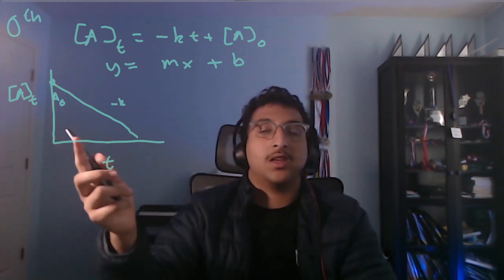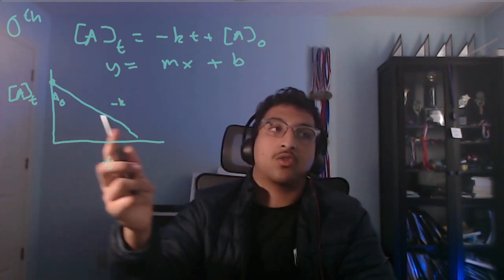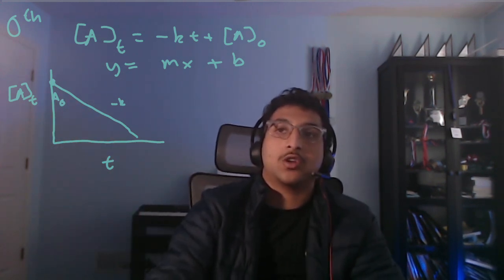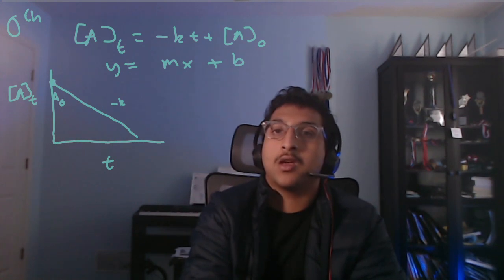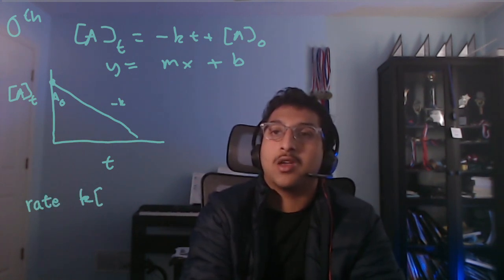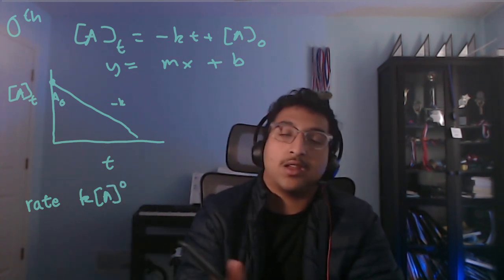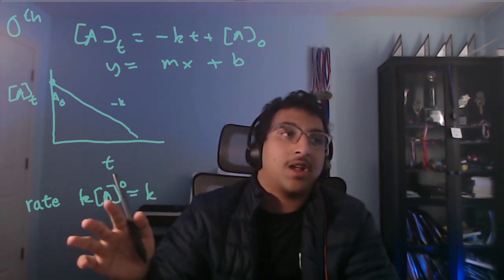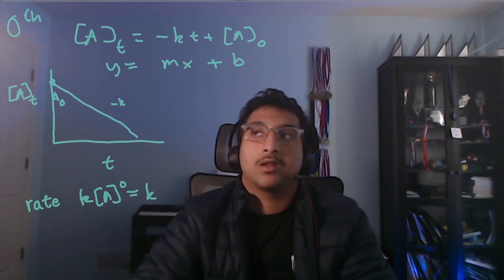If you plot A at time t against t and you notice a straight line, then this is going to be zeroth order. And the reason why this produces a straight line is because the rate is actually constant. The rate is just k times the rate of disappearance. This is how fast this is decreasing. This is basically constant because k is a constant. So each second you're losing this amount. So it's just going to be a straight line.